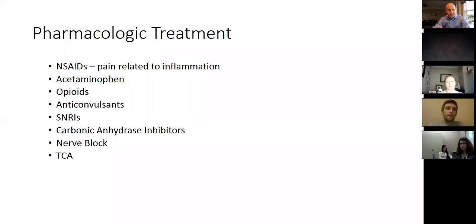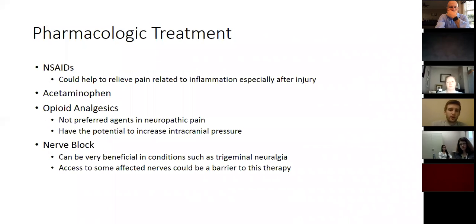Anticonvulsants, commonly used for types of neuropathic pain, are definitely utilized in this disease state. SNRIs, again, for their potential for pain relief from neuropathic pain. Carbonic anhydrase inhibitors, because of their potential to decrease intracranial pressure, are used in Chiari malformation at times. Nerve blocks can be used, and also TCAs.